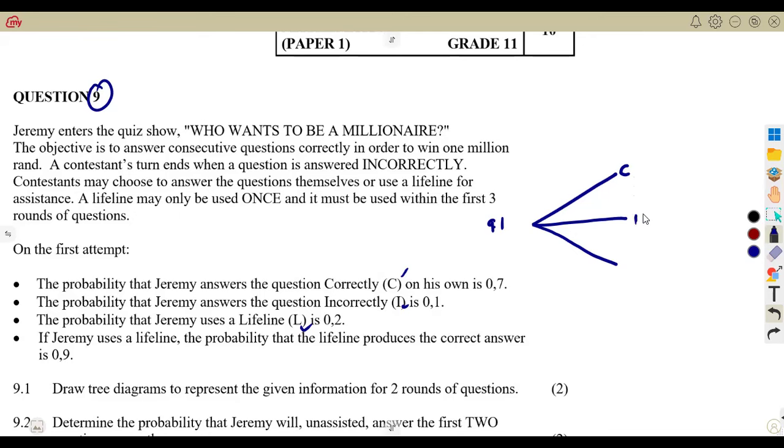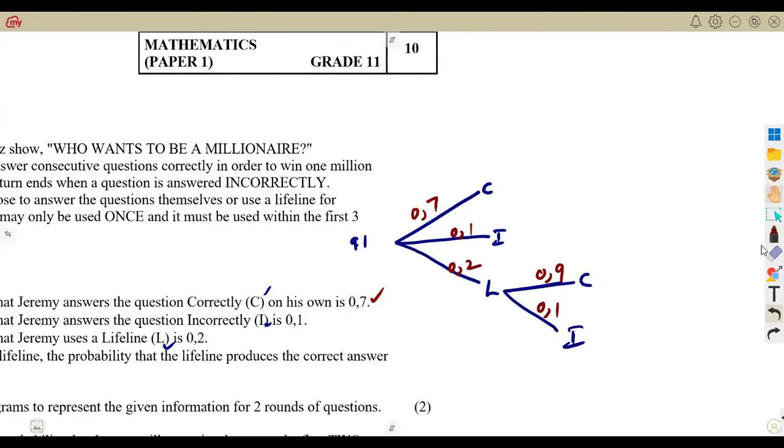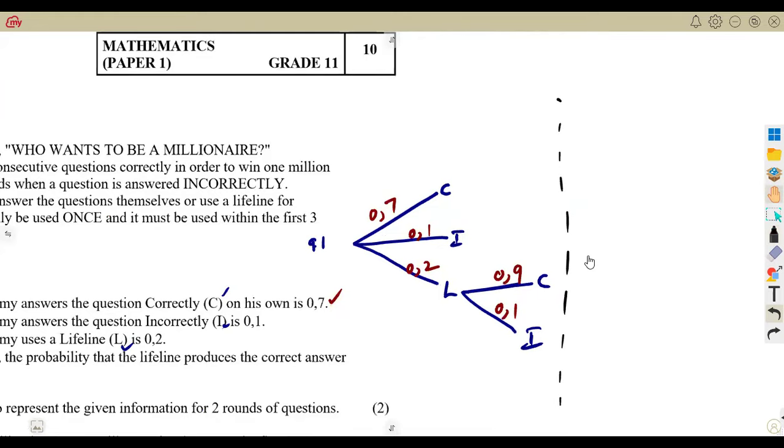Like I was saying, you're going to need 3 branches: correct, incorrect, and the lifeline. And we saw that the lifeline can produce correct and incorrect. The correct is 0.7, incorrect 0.1, lifeline 0.2. Then from the lifeline, correct is 0.9 and incorrect is 0.1. This was the first tree.